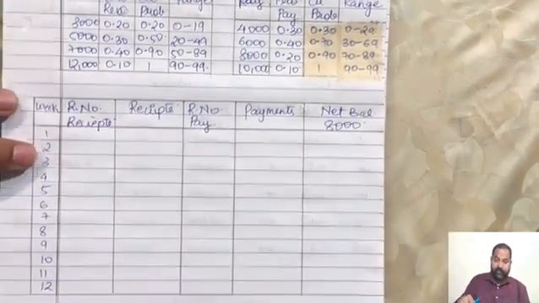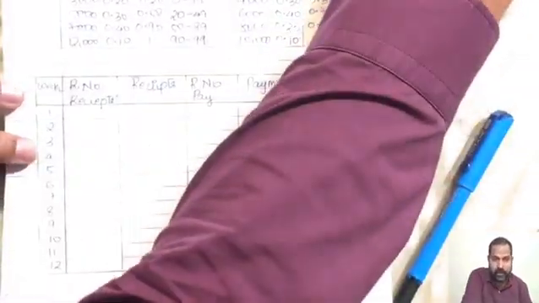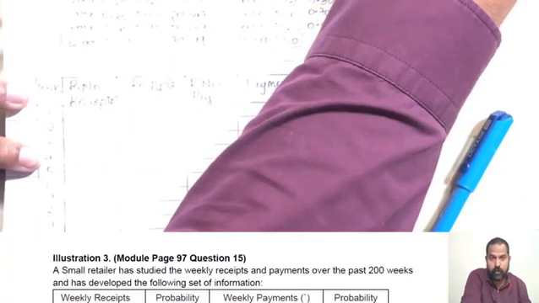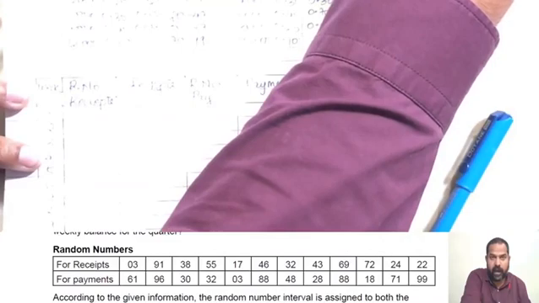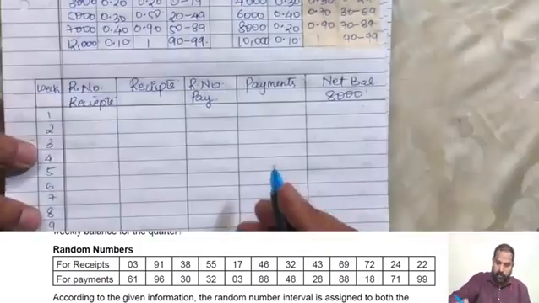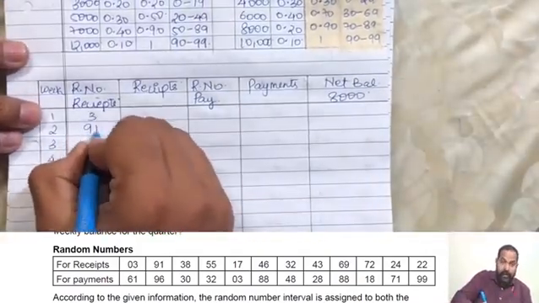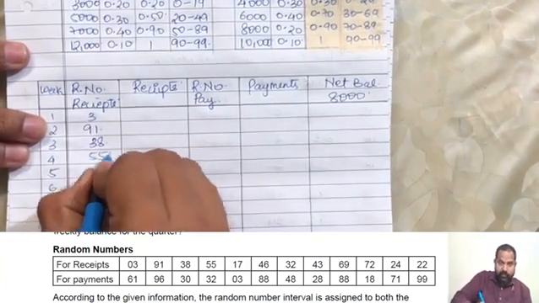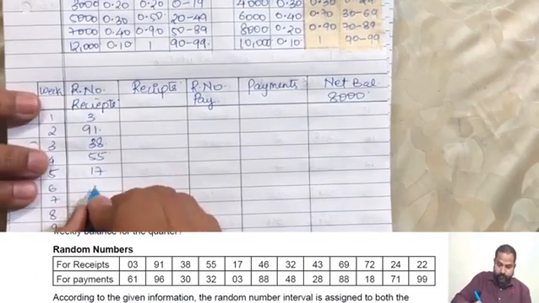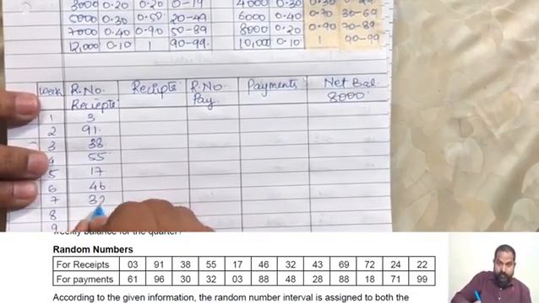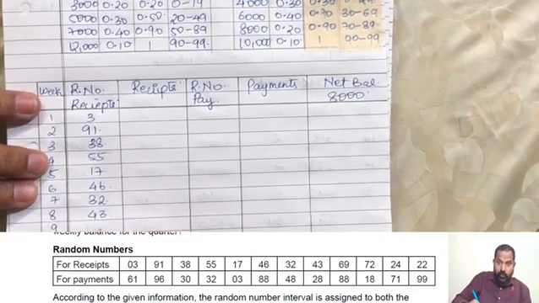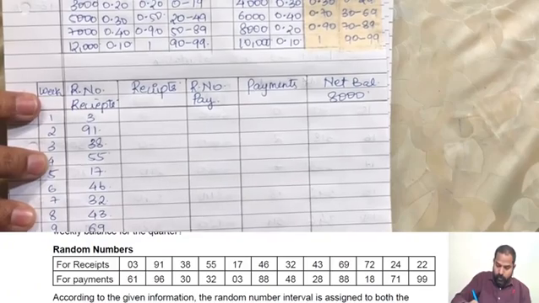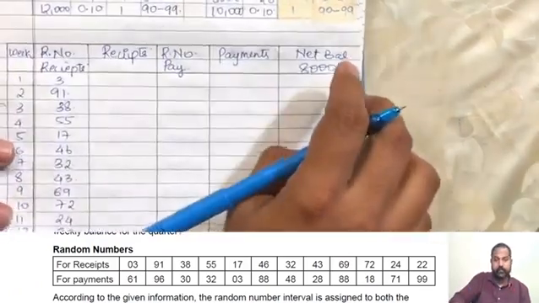Okay, let's first write these down, the random numbers. Let me bring that out. The random numbers are 3, 91, 38, 55, 17, 46, 32, 43, 69, 72, 24 and 22.